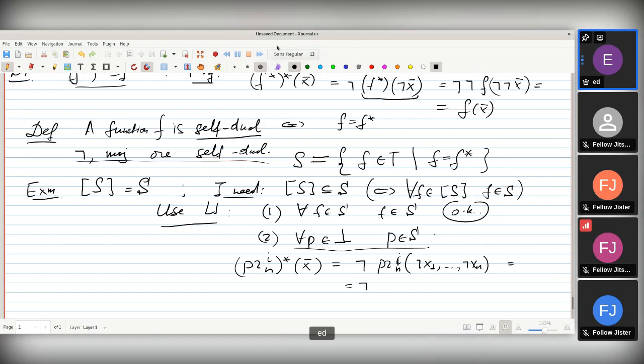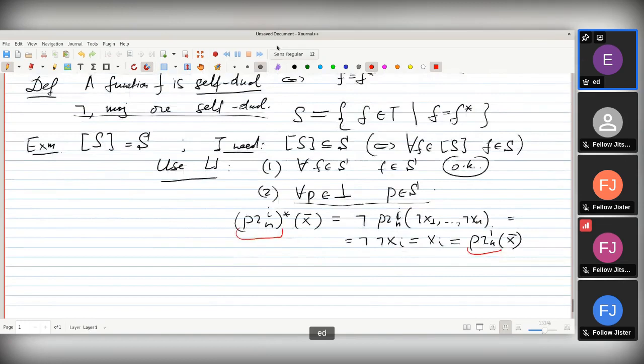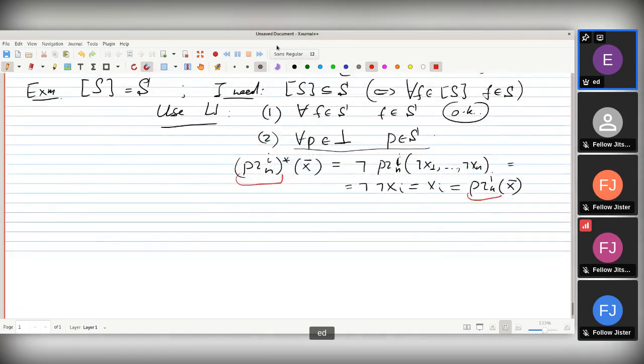So it will be not the negation of the i-th argument. It will be xi, that is the same as the original projector would give us. Is it clear? Yes. The dual of a projector equals this projector itself.